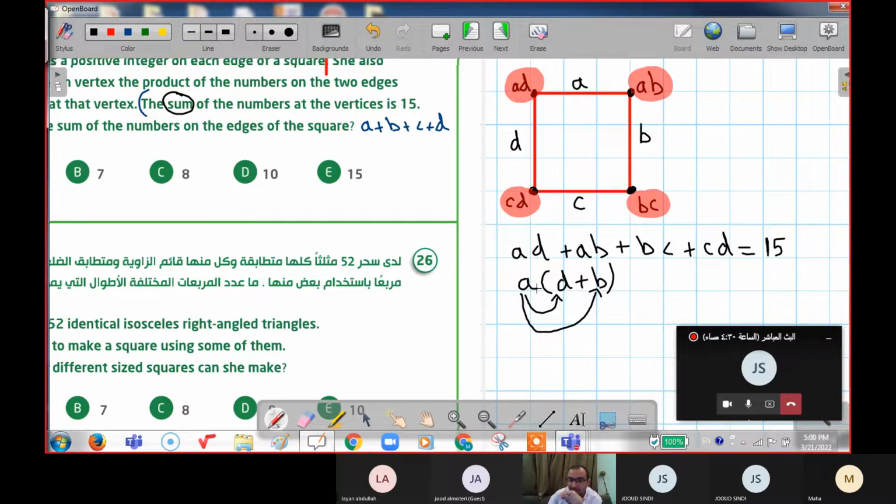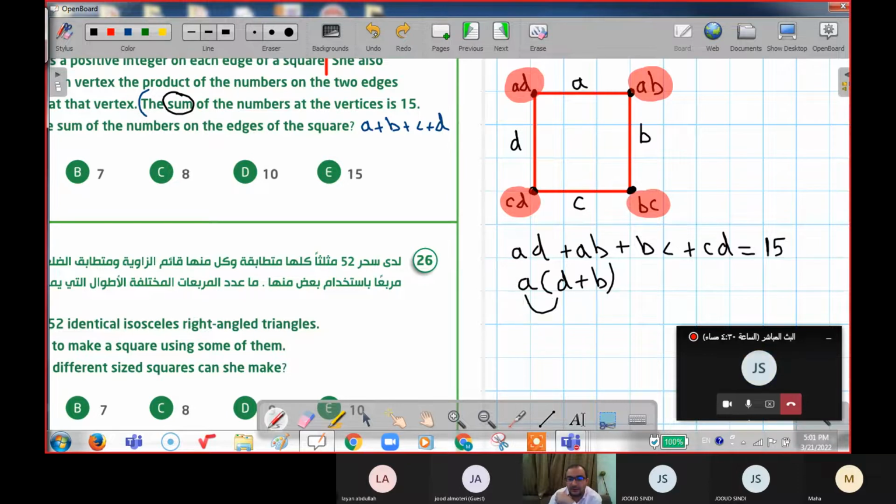So if I expand A with D plus B, it will be A times D plus A times B, the same thing as in the first line. So how do I know that this operation is the right operation? We always do the inverse operation.